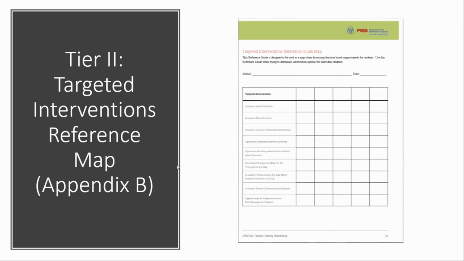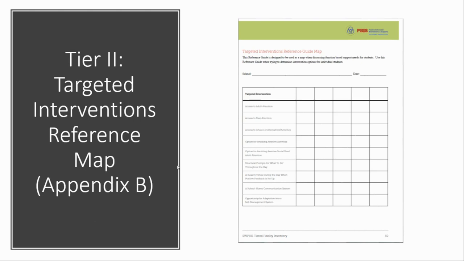So when you are looking at this item, I apologize, one thing to do is to use this targeted interventions reference guide. This can be found in the appendix of the TFI.